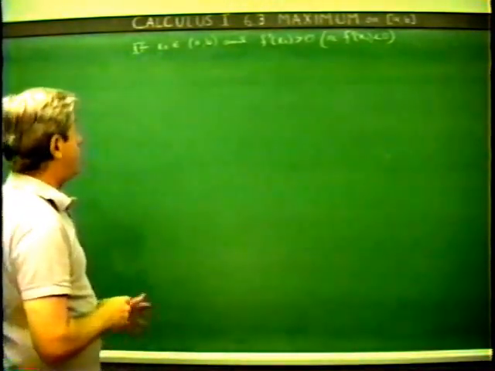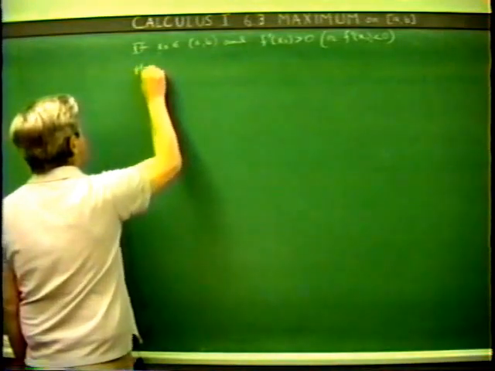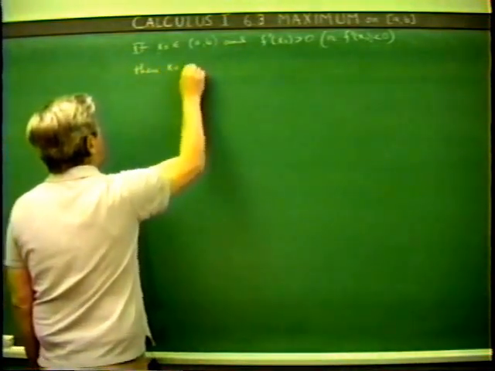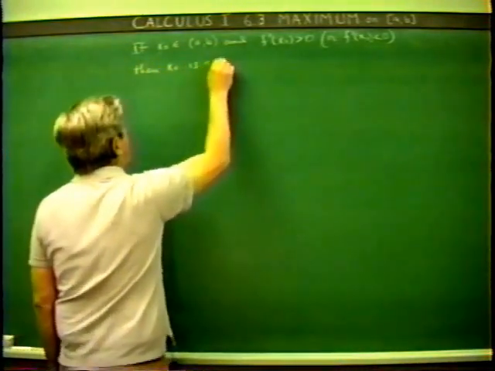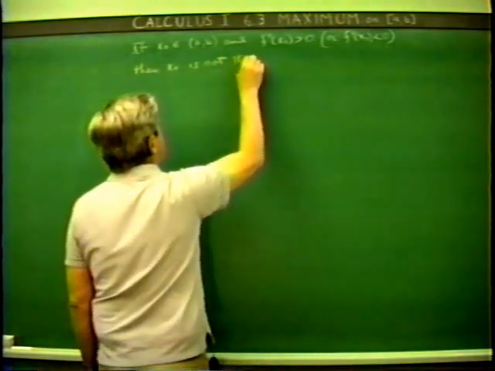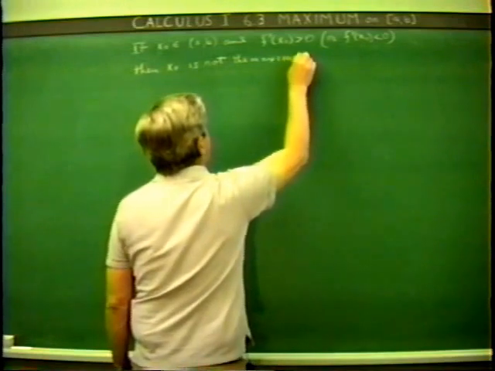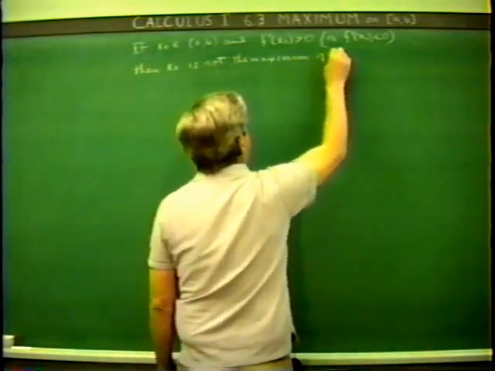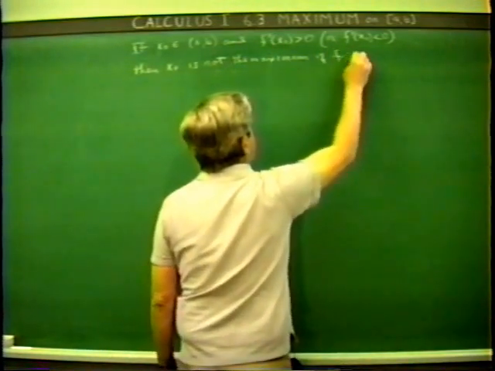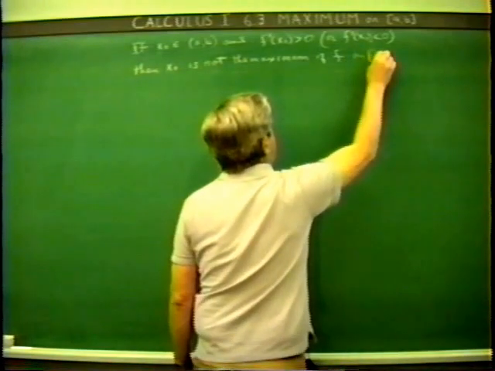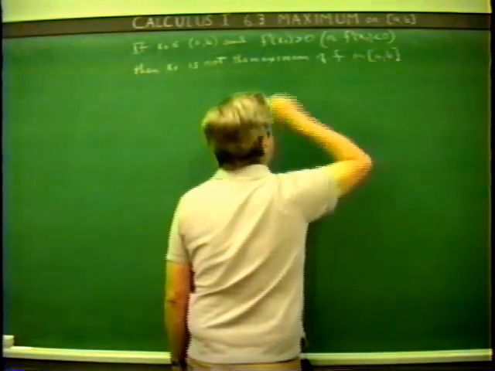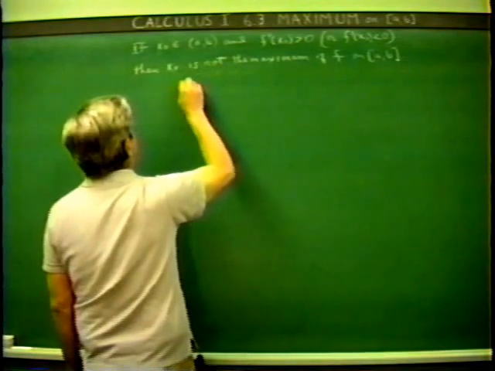All right. So in particular, if the derivative is not equal to 0, then x naught is not the maximum of f on AB. It's also not the minimum.